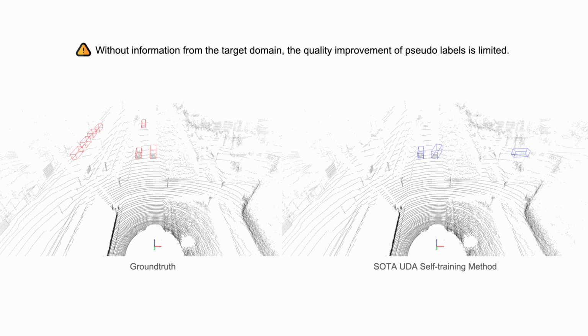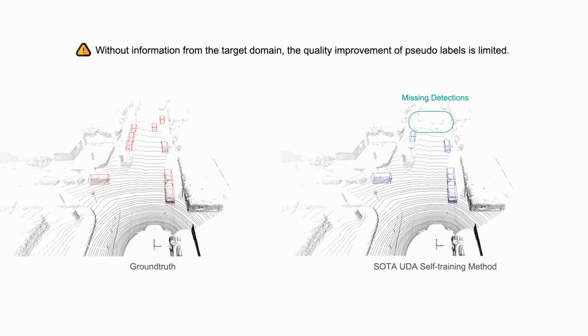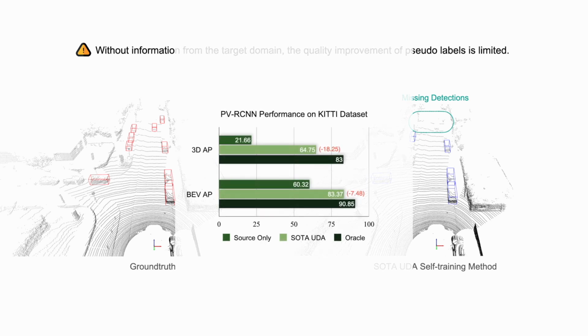As shown in the figure below, we can still observe many missing detections and false positives generated by the SOTA self-training methods. The figure shows that the SOTA self-training method falls short in performance compared to the Oracle. Hence, a weakly supervised method aims to enhance the domain adaptation performance in a cost-effective way.